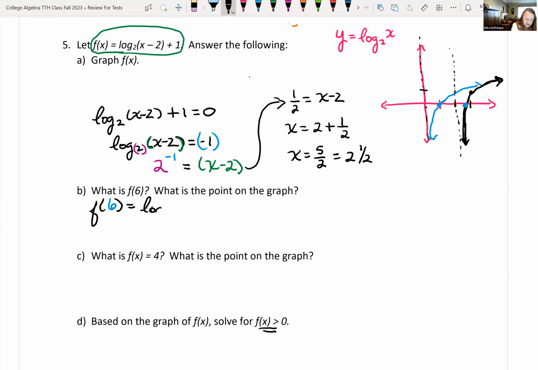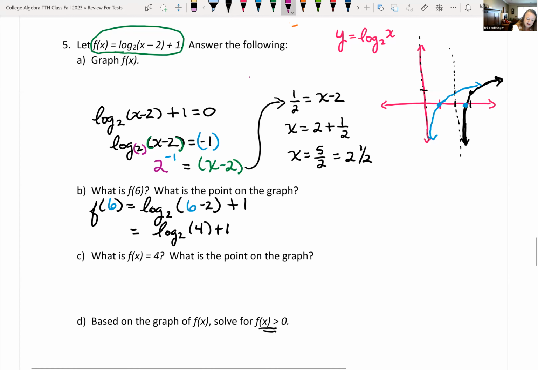So we have log base 2 of 6 minus 2 plus 1. So this is equal to log base 2 of 6 minus 2 is 4, plus 1.